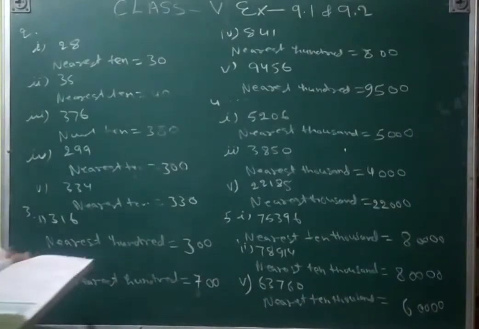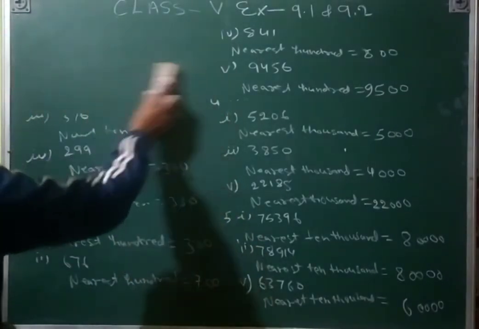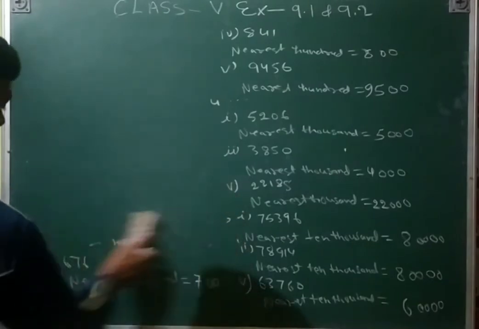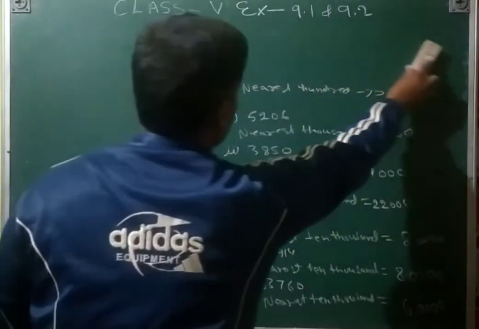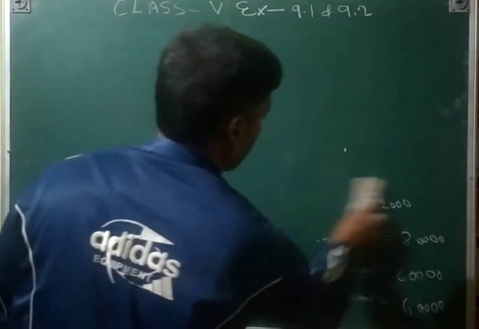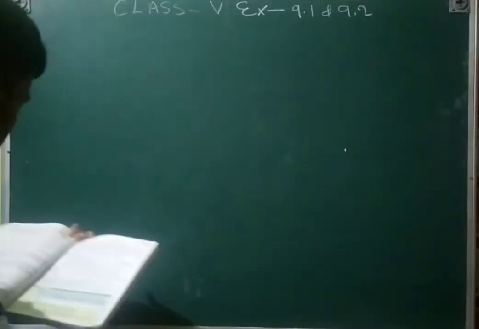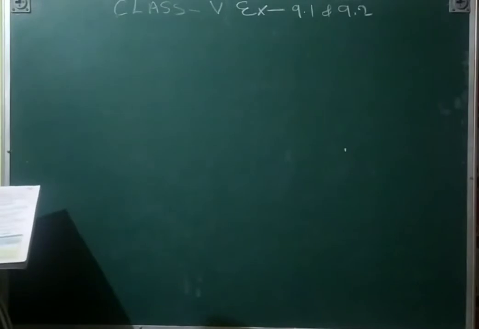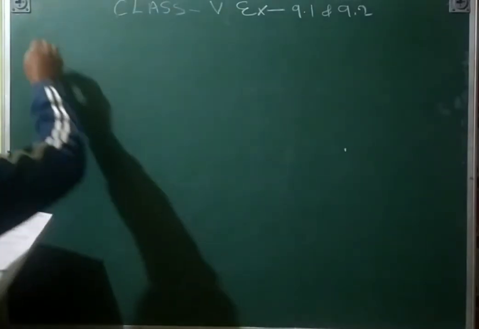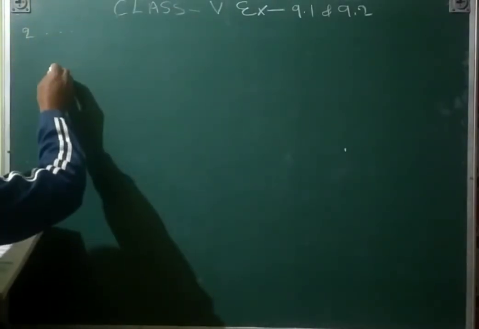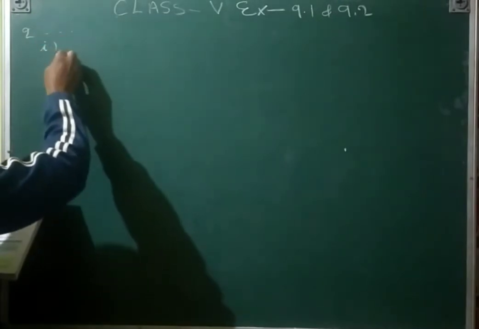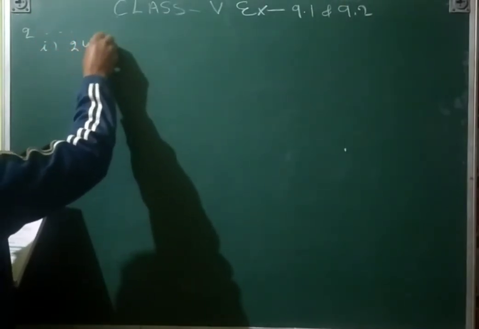Now question number 2 of exercise 9.2: round each of the following to the nearest one. First is 24.5.